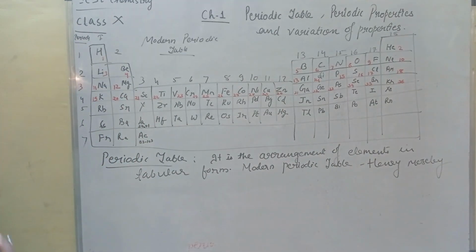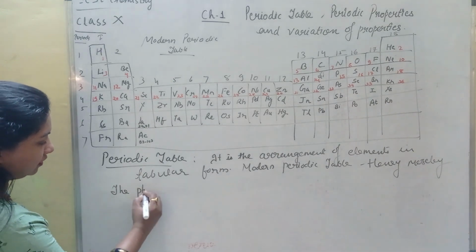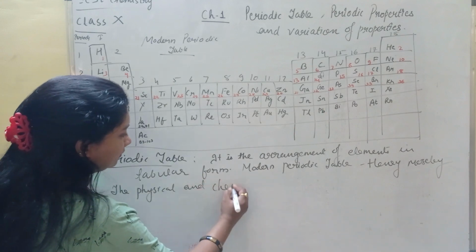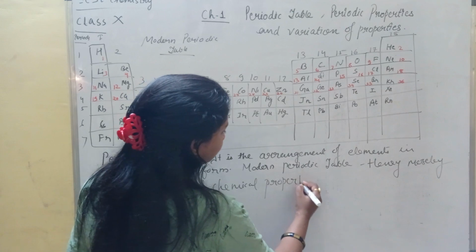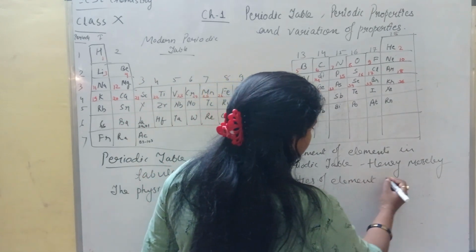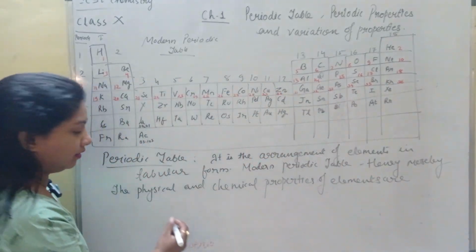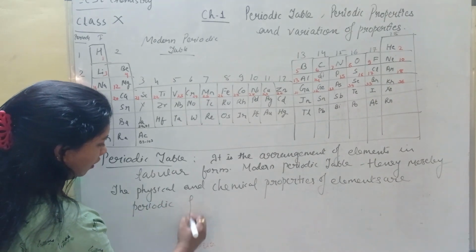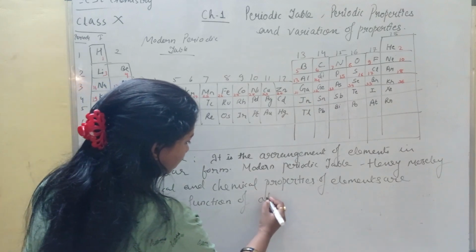And what Henry Moseley said, that the physical and chemical properties of elements are periodic function of atomic number.